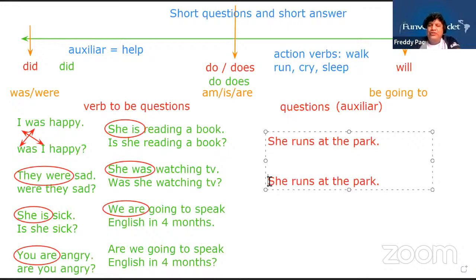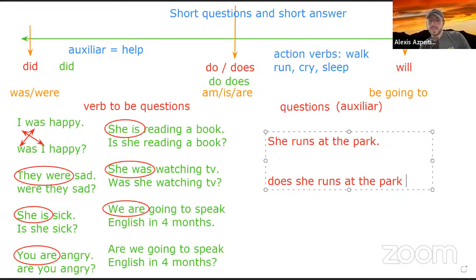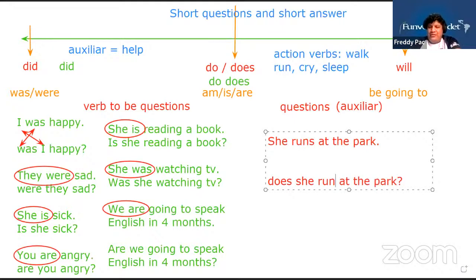What is the auxiliary for the third person in simple present? Does. Does, okay? Sorry, I got confused. Does she runs at the park? And then what am I missing? The question mark. Yes. But the verb is run. Exactly. The verb, we have to put it in base form. Does she run at the park?